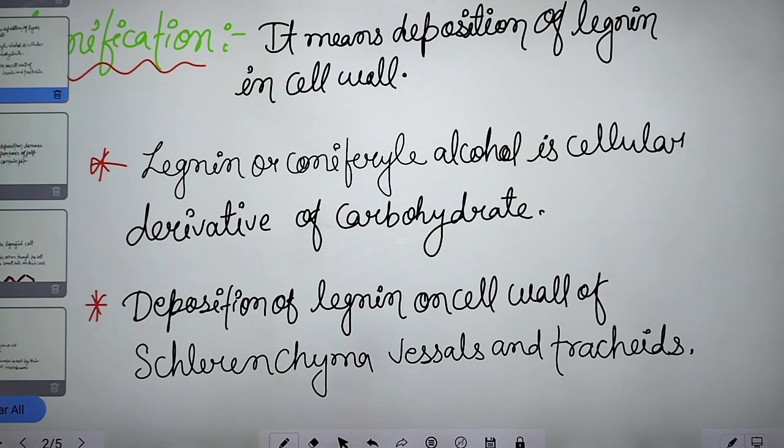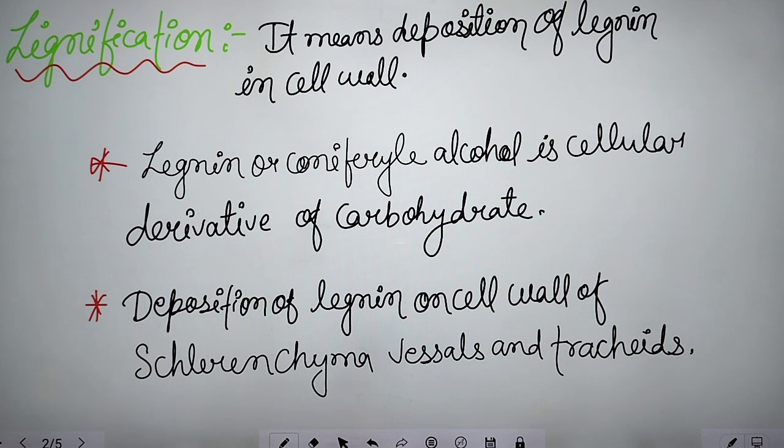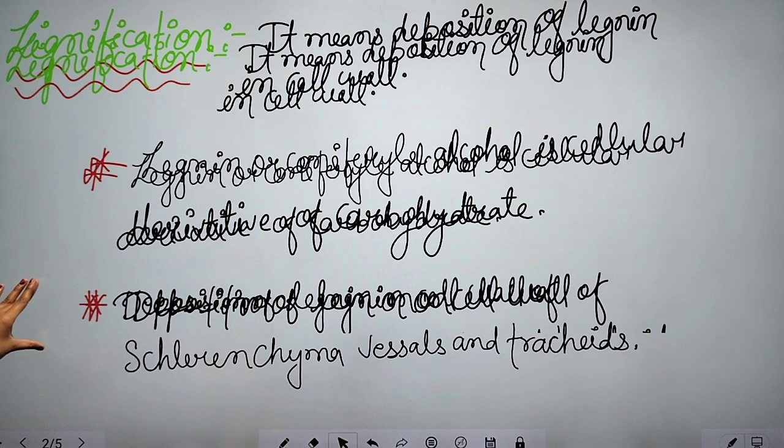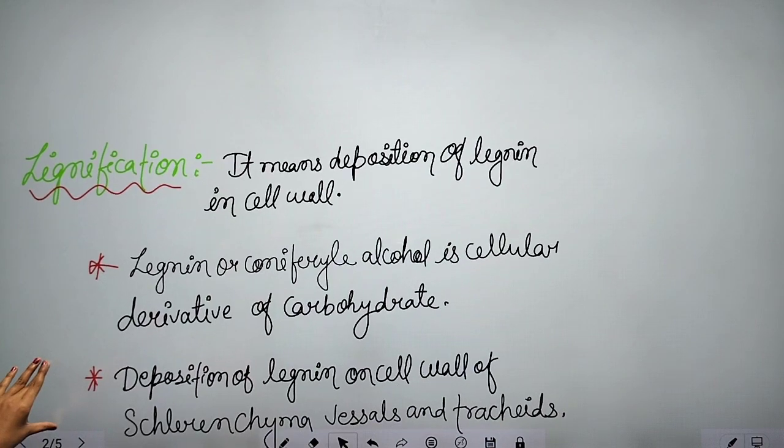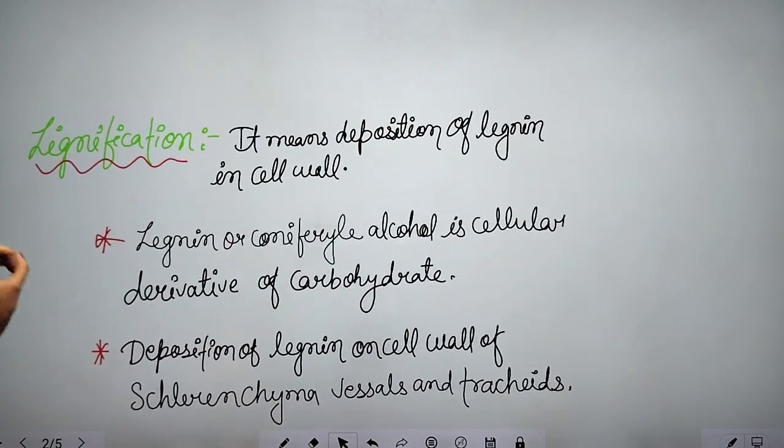And next, lignification means the deposition of lignin in the cell wall. Lignin or coniferyl alcohol is a cellular derivative of carbohydrate, and the next point is that deposition of lignin on the cell wall occurs only in sclerenchyma, vessels and tracheids.